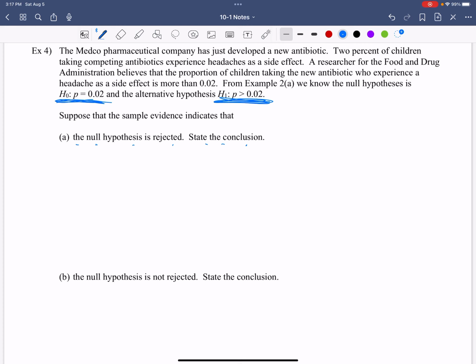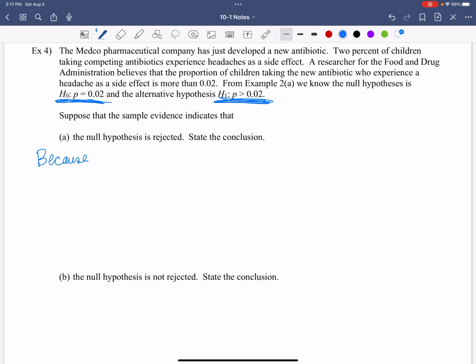Because the null hypothesis is rejected, we're not making any errors. We're saying this is legit. So we've done our work.